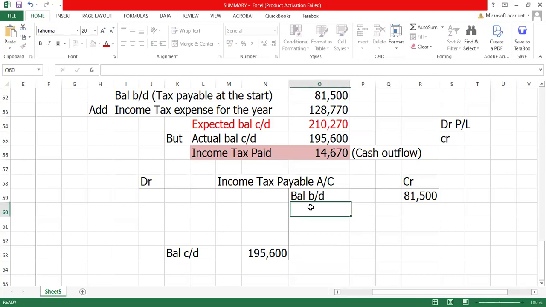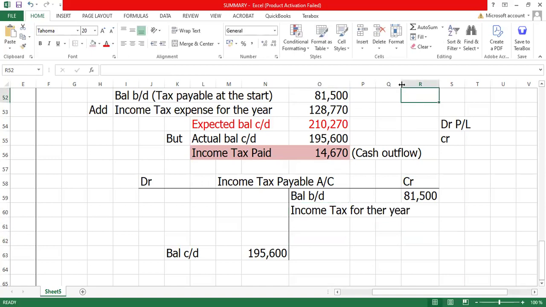So it means that here you add the income tax for the year.